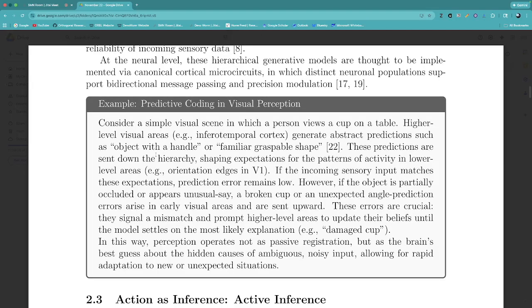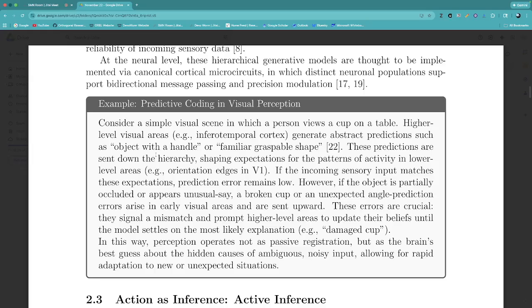Okay, this is an example of predictive coding in visual perception. Predictive coding is related to active inference in that we have this feedback loop and we're estimating things and minimizing error. Consider a simple visual scene in which a person views a cup on a table.